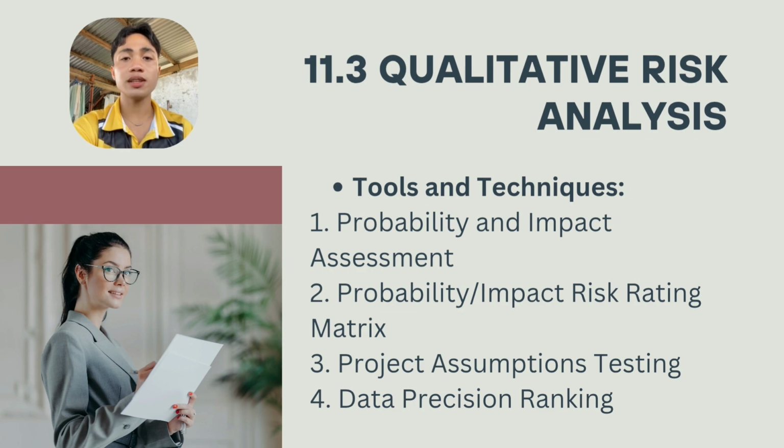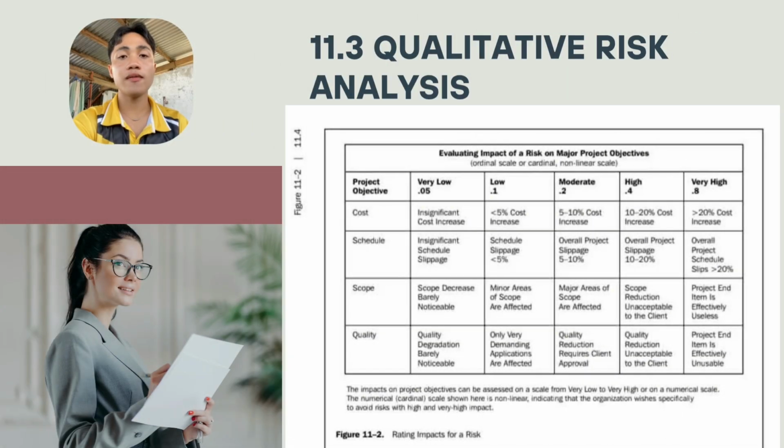To analyze a risk, we first look at its impact. Look at figure 11.1. It shows how we rate the effect of a risk on our project objectives like cost, schedule, scope, and quality.